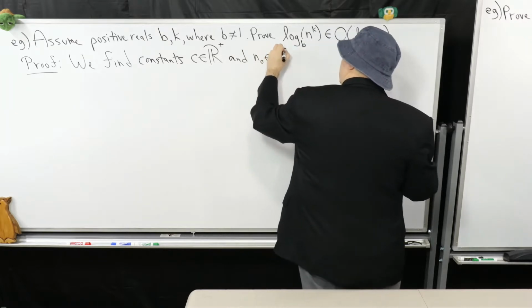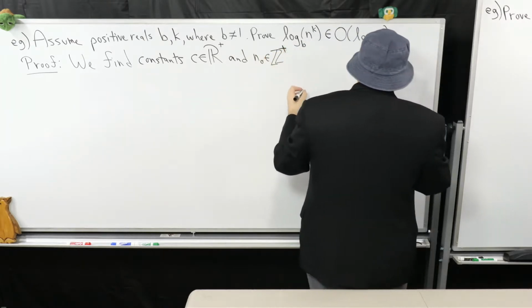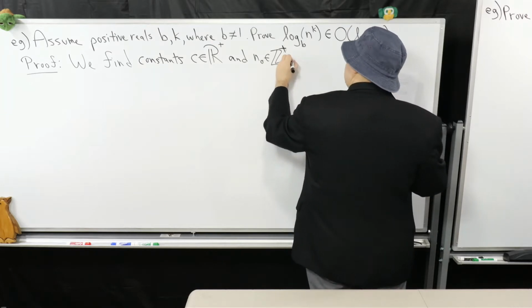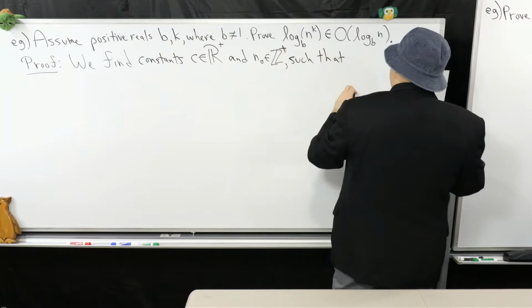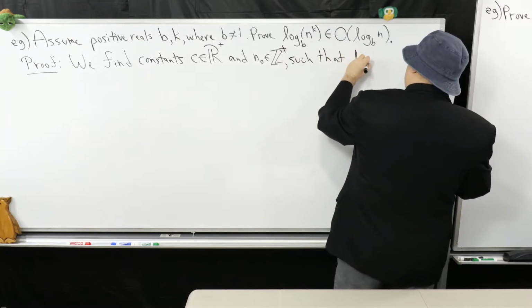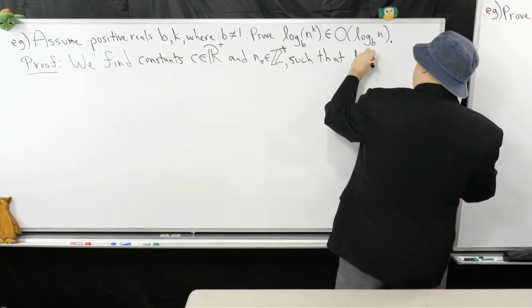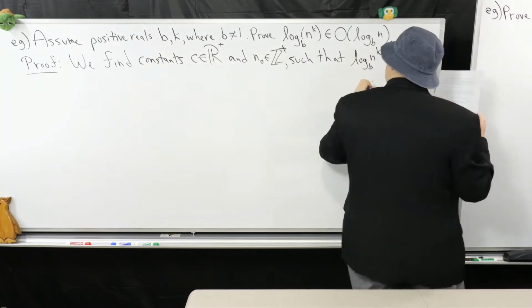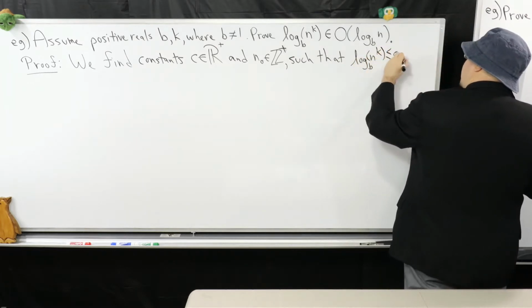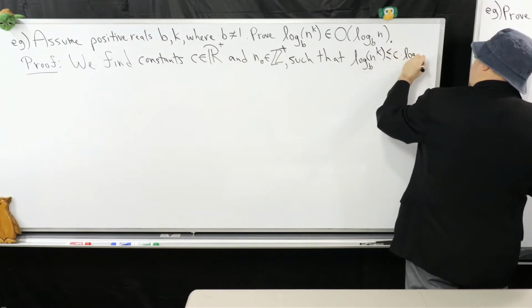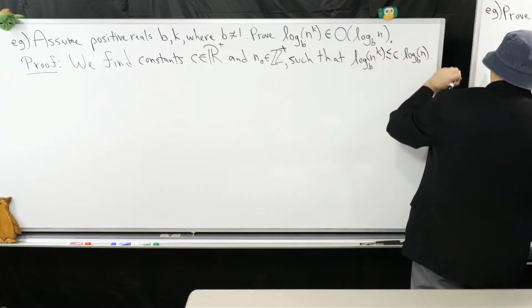I was about to put a 0 there. Such that log base b of n to the k is less than or equal to c times log base b of n.